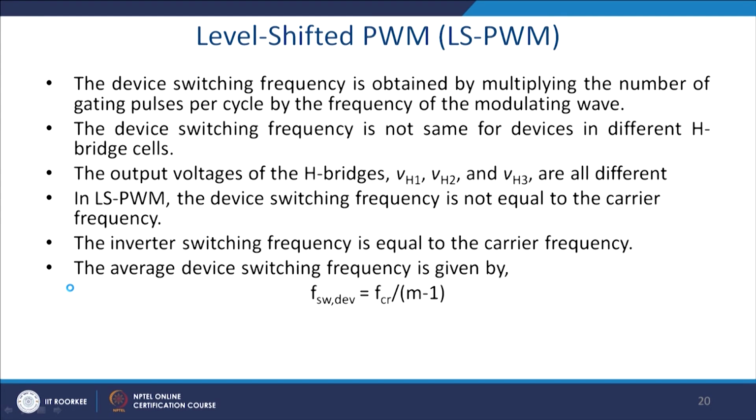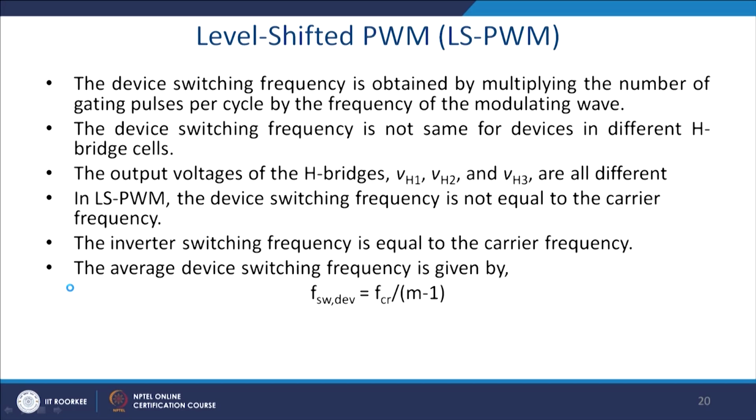Now, in this configuration, the device switching frequency is obtained by multiplying the number of gating pulses per cycle by the frequency of the modulating wave. Here the duration of each switch gets reduced. The device switching frequency is not the same in different H-bridges. This is one of the disadvantages, and the output voltages of these H-bridges H1, H2, H3 will all be different.